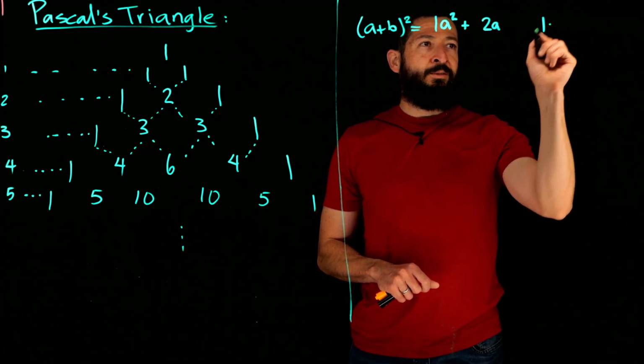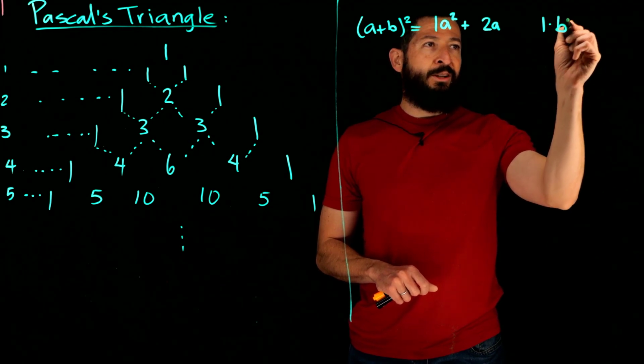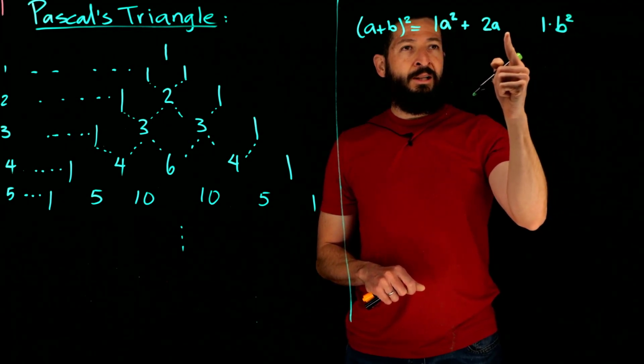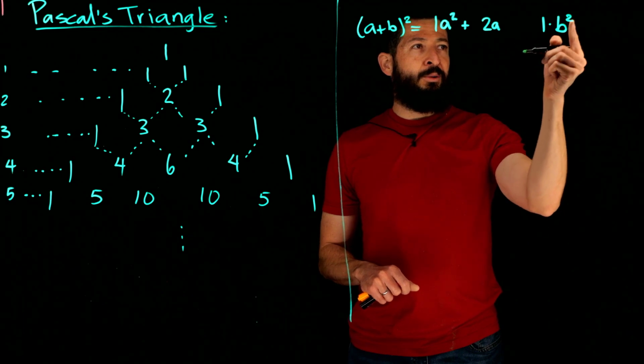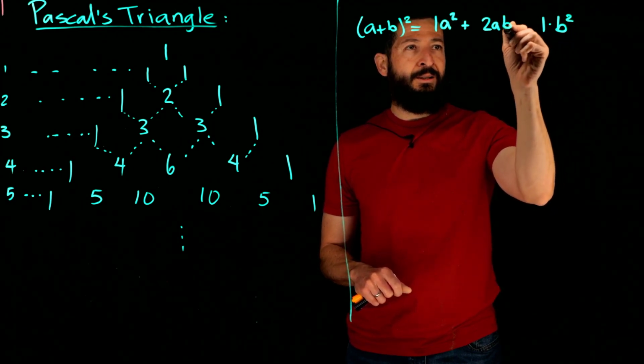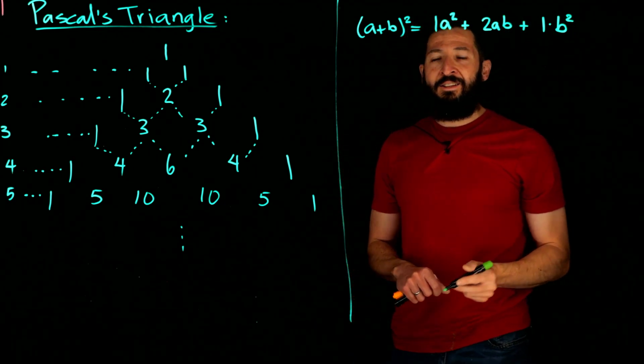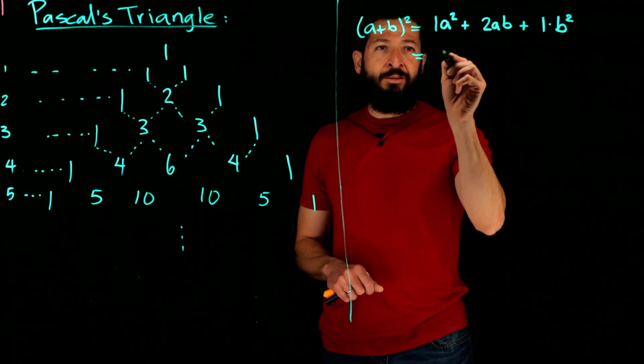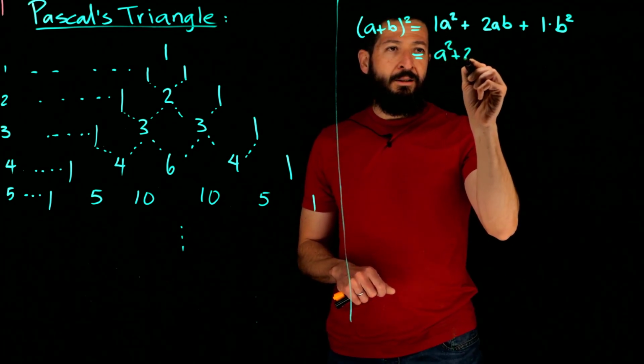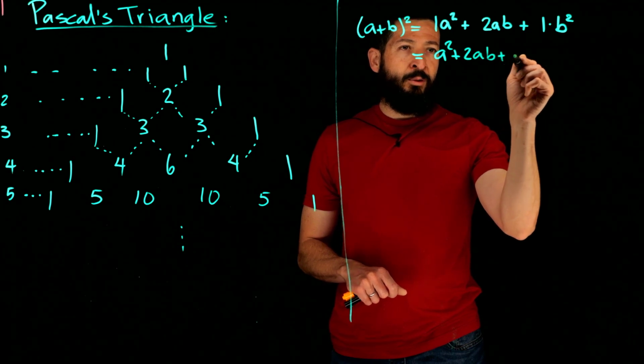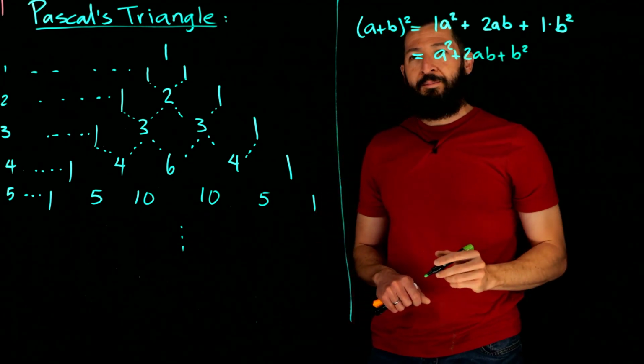Now I'm going to fill from the other side. I'm going to start here with b squared, and when I move to the left, I subtract 1 in degree. So I was at b squared here, and I get b. And that's what you remember as your formula for foiling this squared.